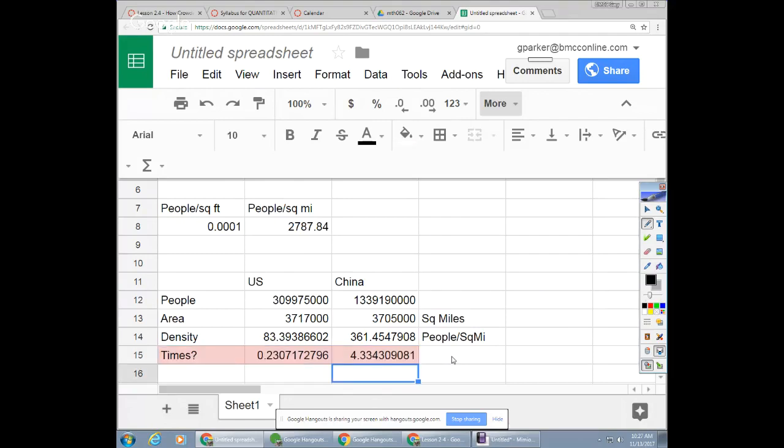I'll talk about those bottom numbers. So I get US has about 83 people per square mile on average. China has about 360 people per square mile on average.